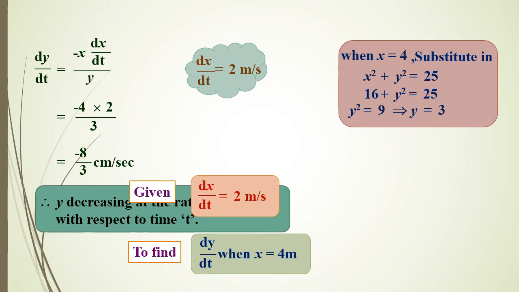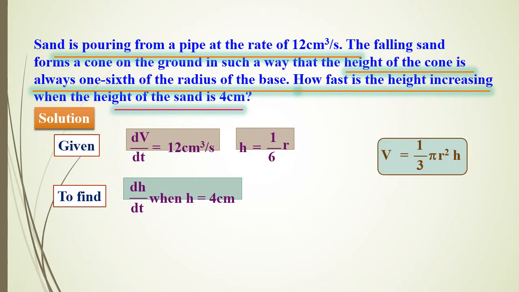See, in this question, sand is pouring from a pipe at the rate of 12 centimeter cube per second. Assume that V is called the volume of the cone. Originally it will be V only, but when sand starts falling from the pipe on the ground, the falling sand forms a cone.